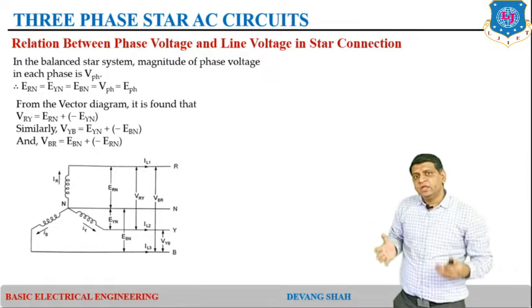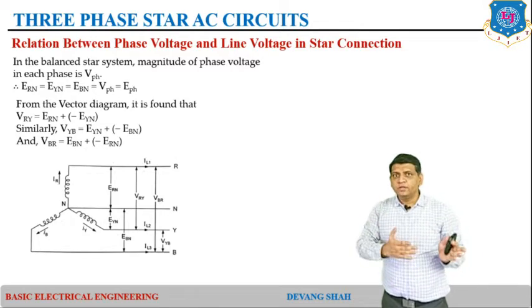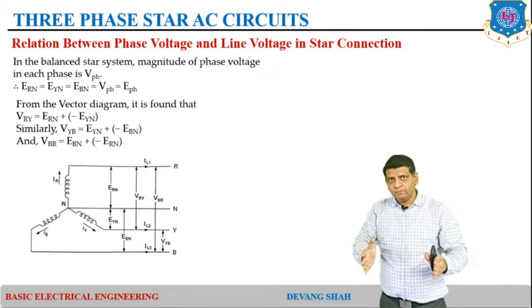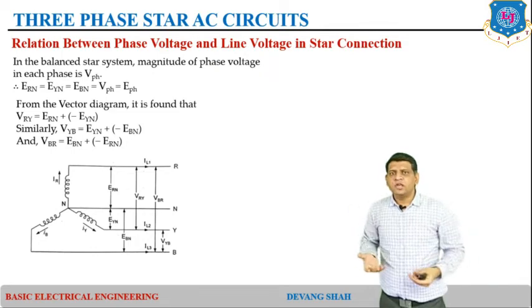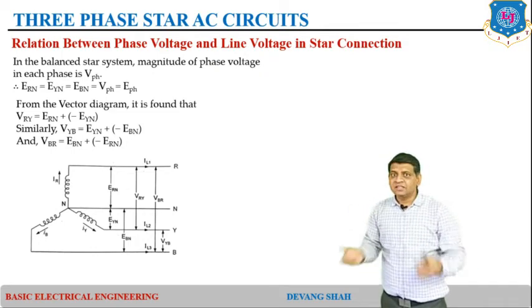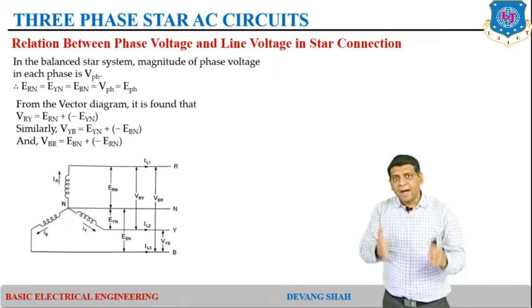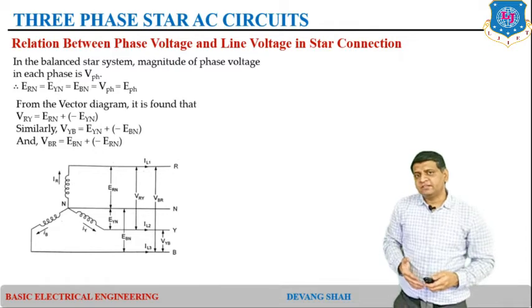Why? Because the current flowing through the red phase and the current flowing through the yellow phase are in opposite directions. Since both currents are in opposite directions, my actual equation of VRY is ERN minus EYN, right. So this is called my vector equation.